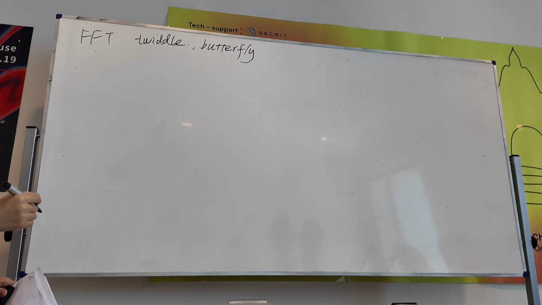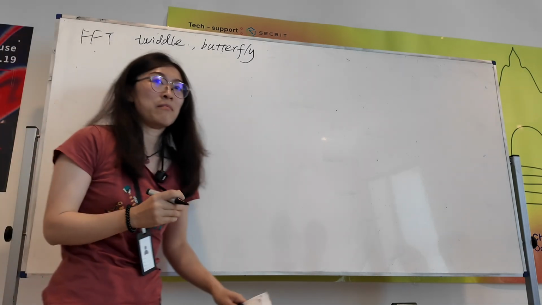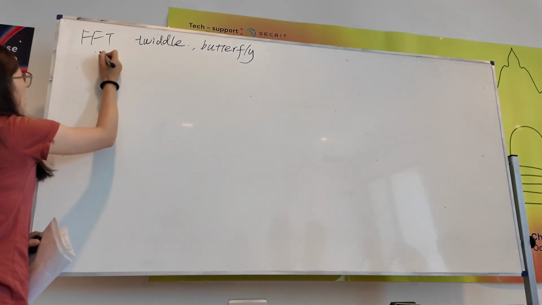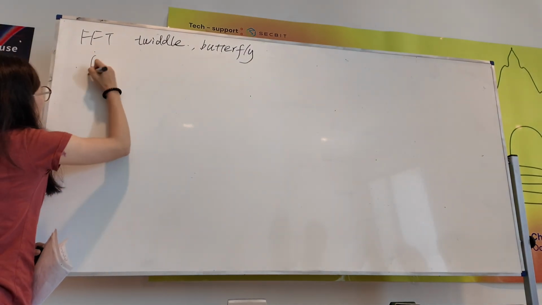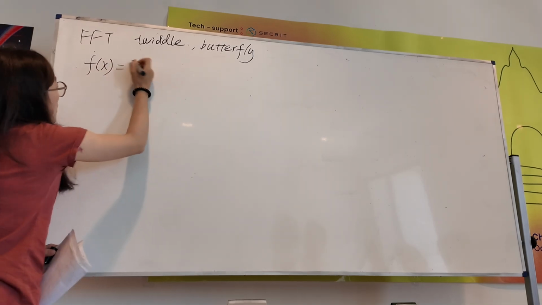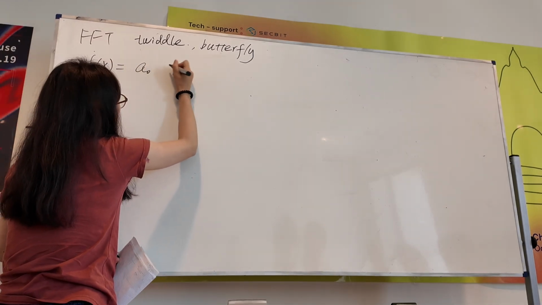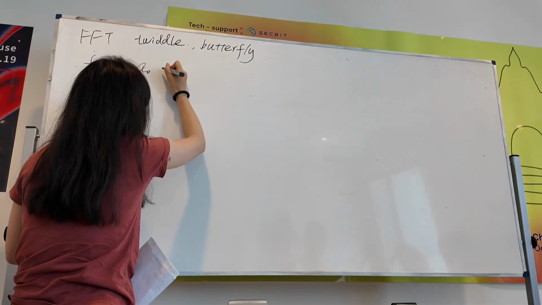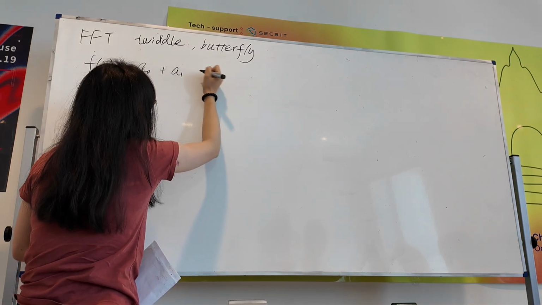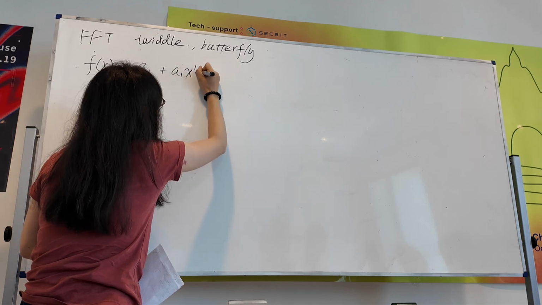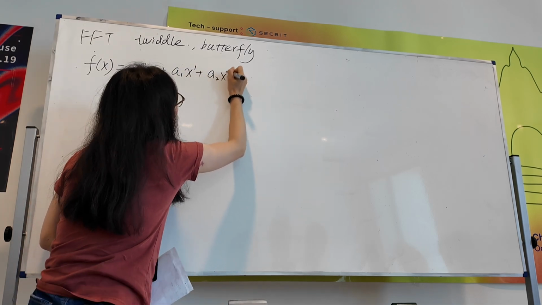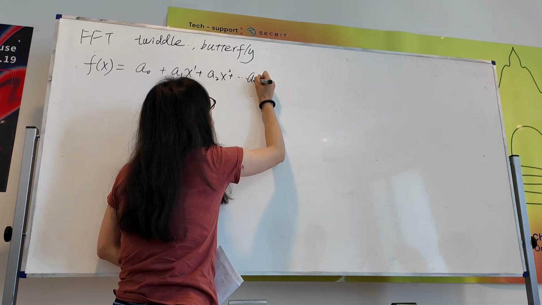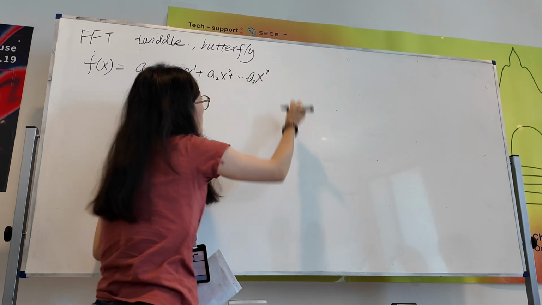So I want to start with something very simple, some math we know from high school. I have a polynomial. I also want to use the example that people use most, a degree 7 polynomial with 8 coefficients, up to a7 x to the 7.